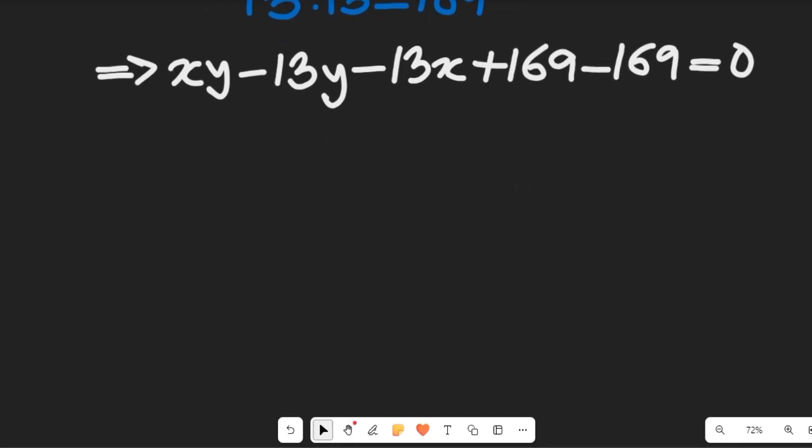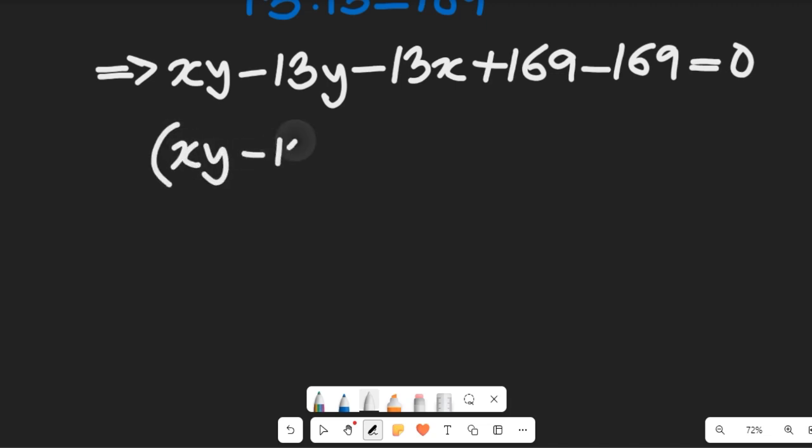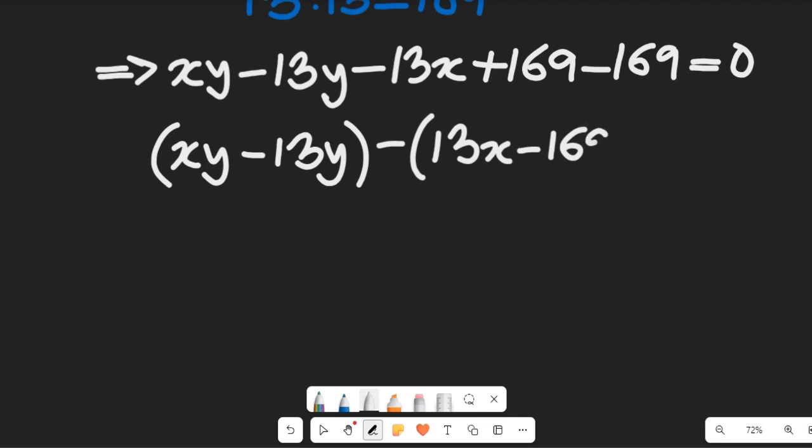So what I'm going to do is some grouping in order to make my expression easier. Remember, 13 is a perfect square, so I'm going to group this xy minus 13y, right, and then minus 13x minus 169, because I've included that bracket. That will become minus, and this will be minus 169, and this will be equal to 0.